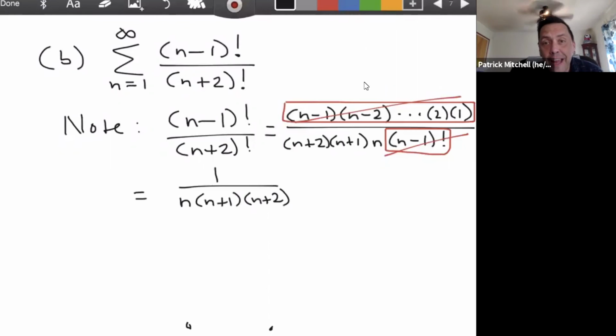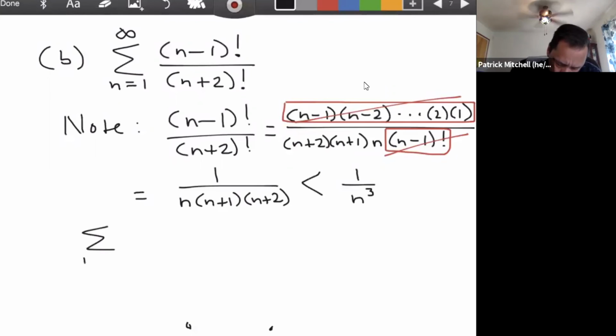And this is another case where the direct comparison test will work, because I would really like to compare this to 1 over n cubed. That series is another convergent P series. And fortunately, n times n plus 1 times n plus 2 is less than that because it has a bigger denominator.